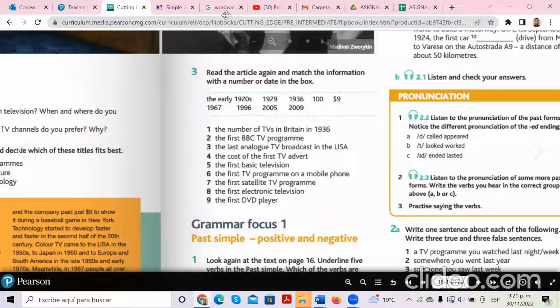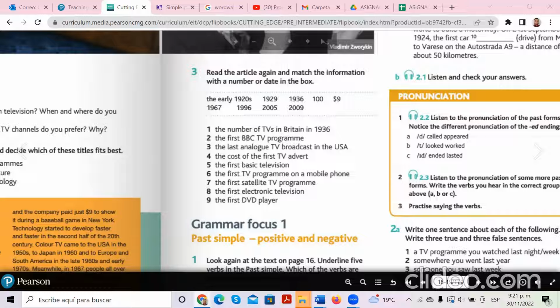The early 1920s, okay? This is a decade, the 1920s, the 1930s, the 1940s, 50s, the 60s, the 70s, etc. But we can divide the decade into the earliest and the latest years.